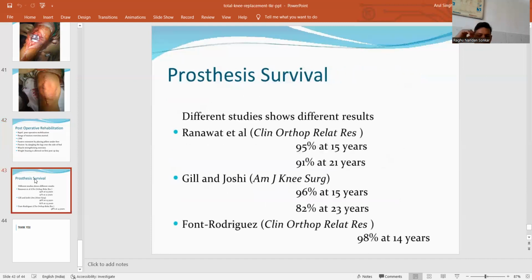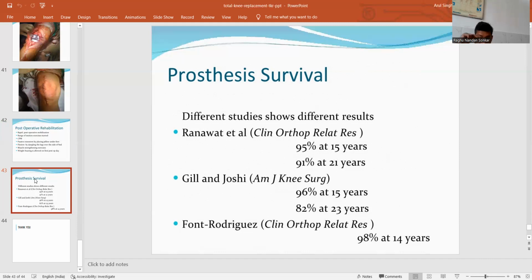Now, the last point about prosthetic survival. According to Dr. Ranawat, 95% at 15 years and 91% survival rate at 21 years. According to Gill and Joshi, 96% survival at 15 years and 82% at 23 years.